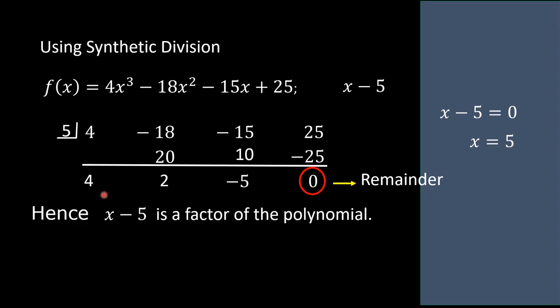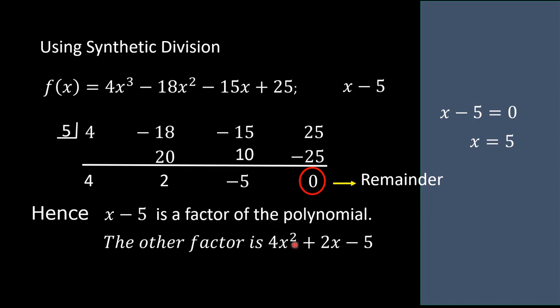The other factor is 4x squared plus 2x minus 5. The first three numbers here are the numerical coefficients of the terms of the other factor.